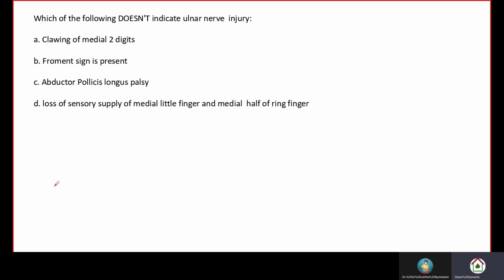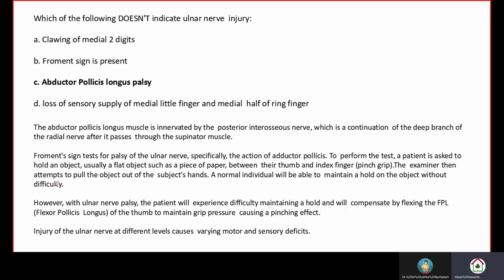Clawing of the medial two digits, Froment sign is present, abductor pollicis longus palsy, loss of sensory supply of the medial little finger and medial half of the ring finger. Okay, so the answer is abductor pollicis longus palsy.